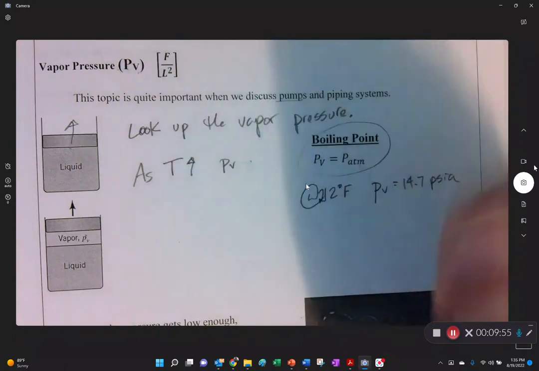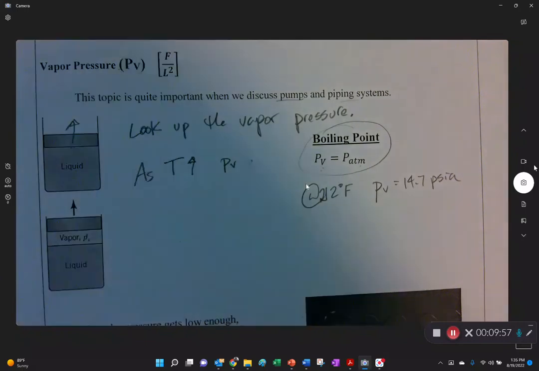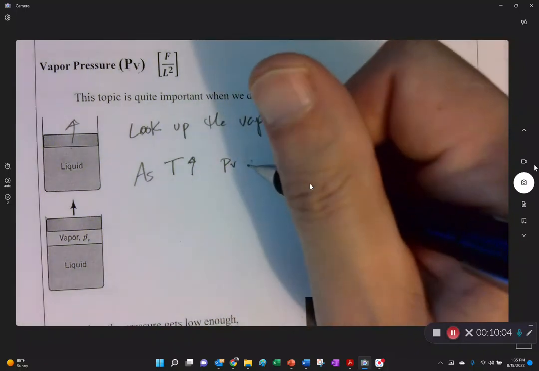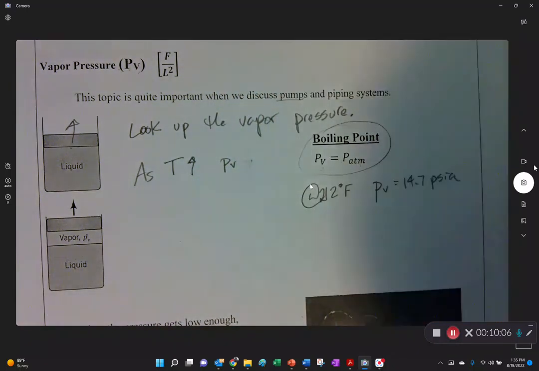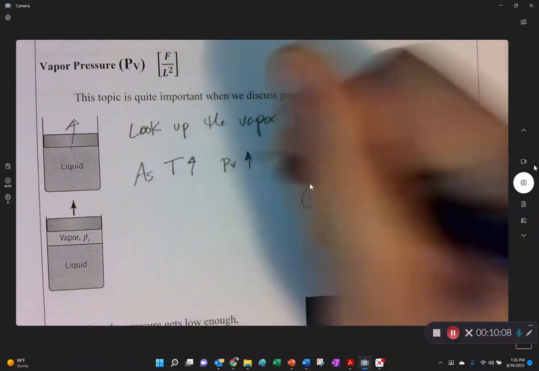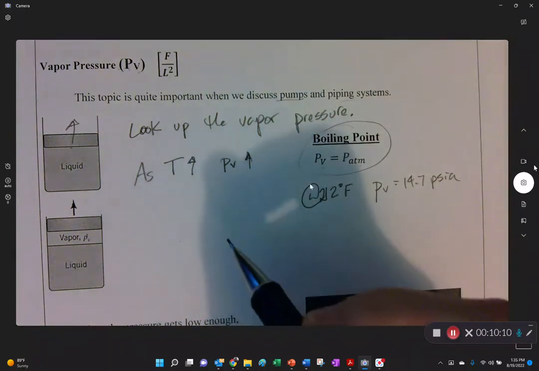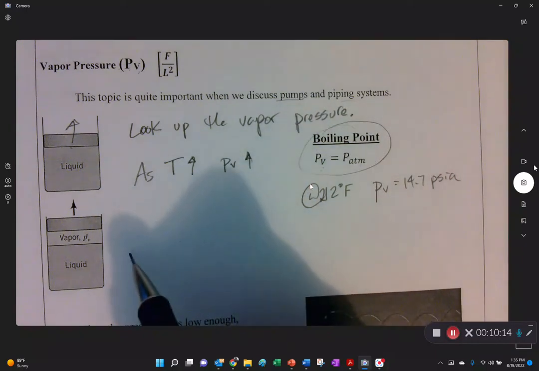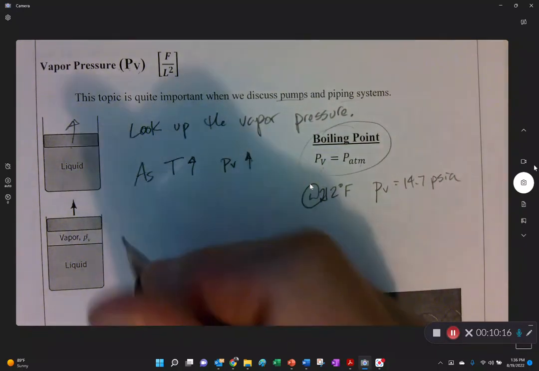Yeah, I wrote that. I don't even know why I wrote that. It's not a very good thing. You could just see it as the temperature goes up, the vapor pressure goes up. So basically, the thing we want to know is that liquids begin to evaporate.